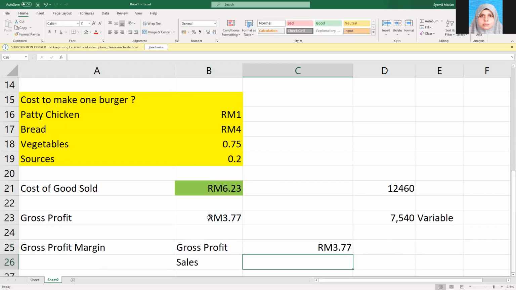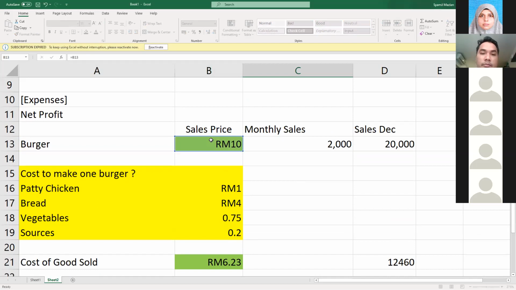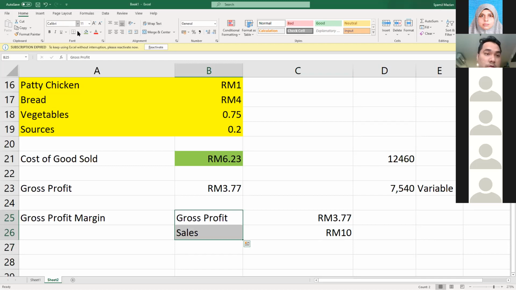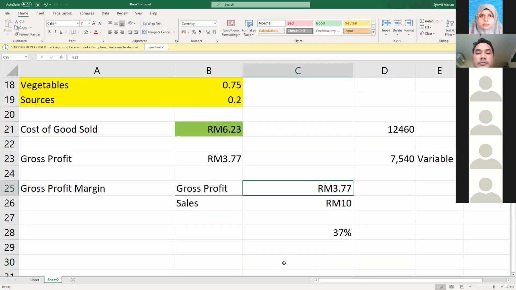We take 3.77, and then the sales is 10 ringgit. So our gross profit margin will be how much? Like 37%. 37%, right? Okay. So this is what we call the gross profit margin.